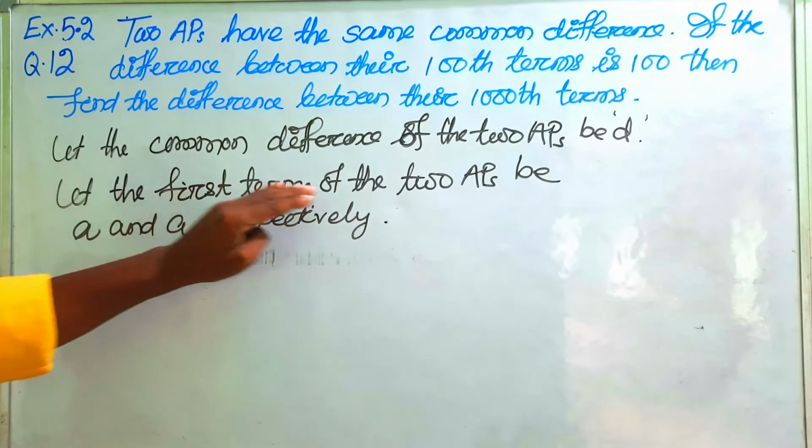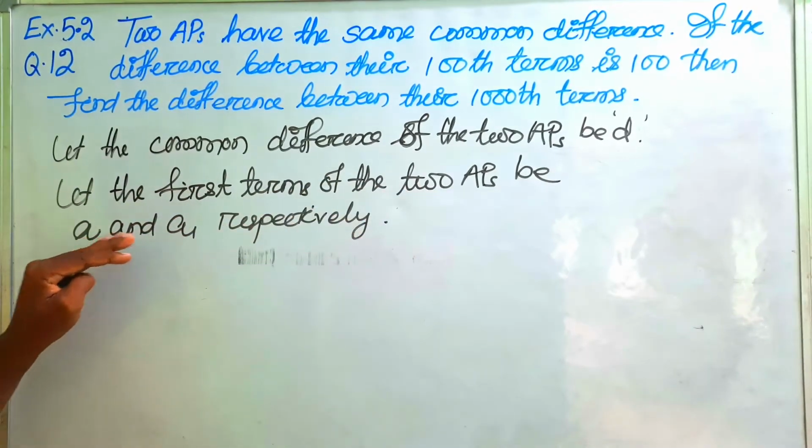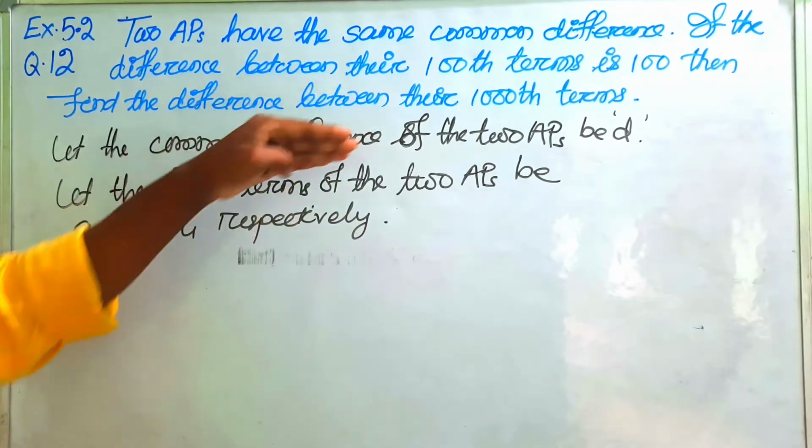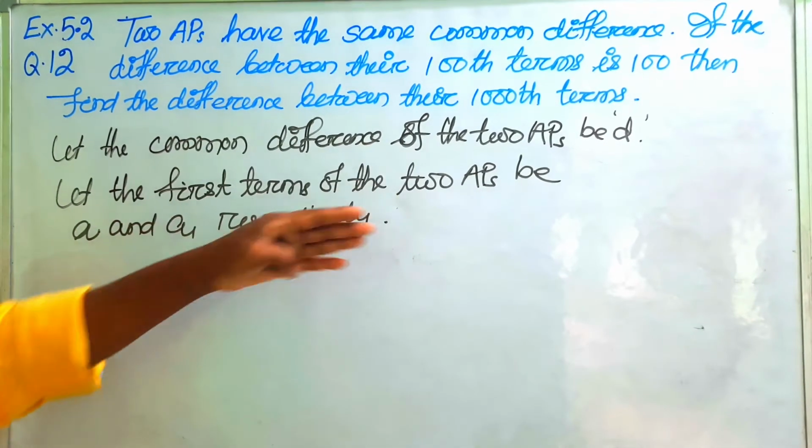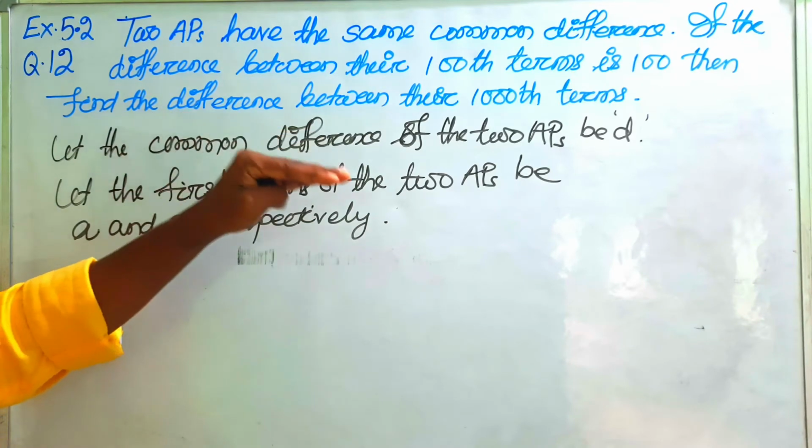Let the first terms of the two APs be A and A1 respectively. For the first AP, A is the first term, and for the second AP, A1 is the first term.